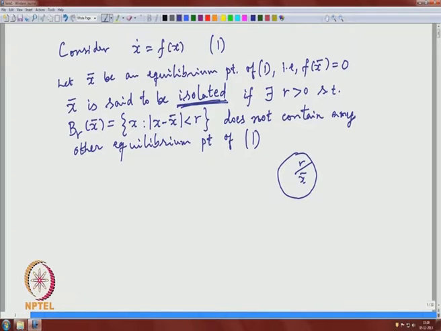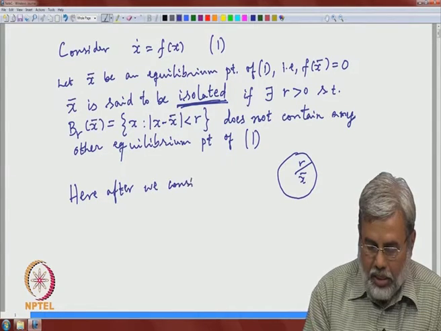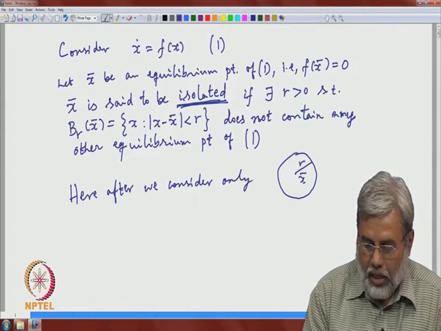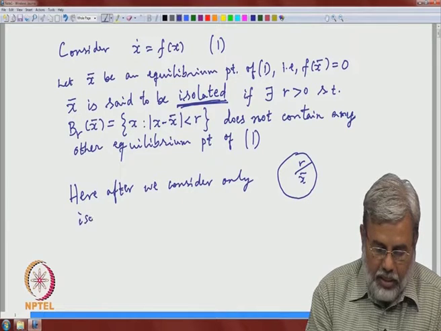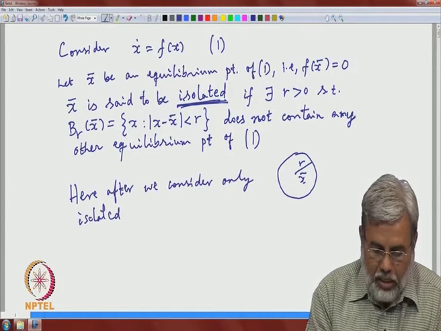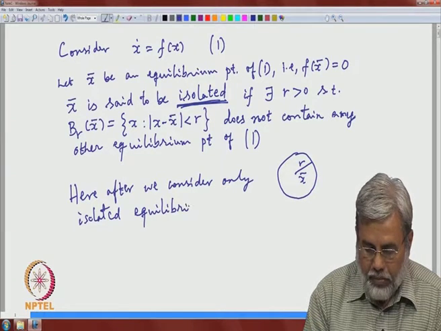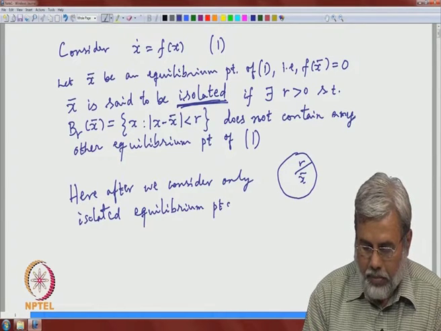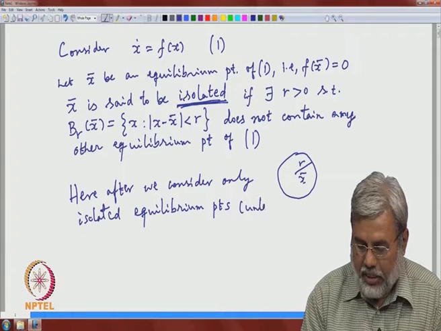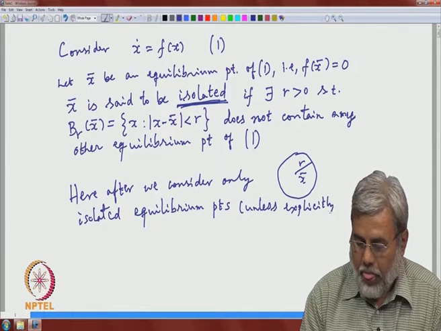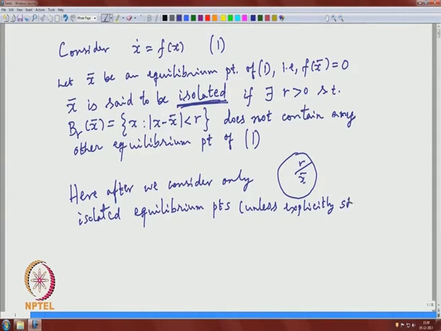So, hereafter we consider only isolated equilibrium points, of course unless explicitly stated. Okay.